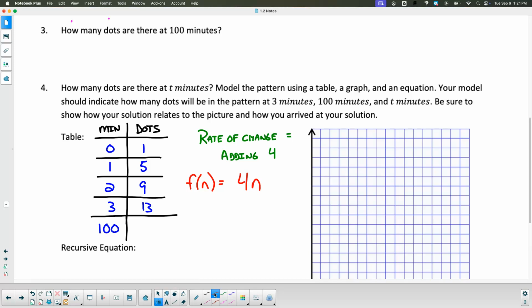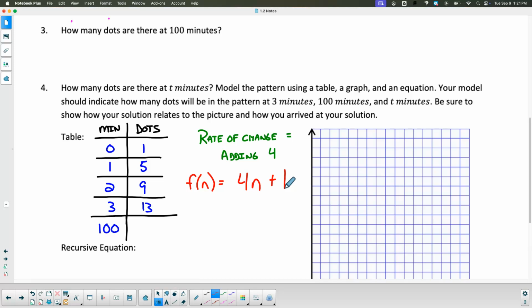What do I have to adjust it to? Plus 1. If I added a plus 1 here, now it works out. If I plug in 0, 4 times 0 is 0, plus 1 is 1. 1 times 4 is 4, plus 1 is 5.